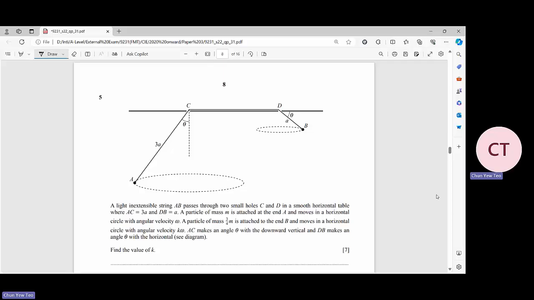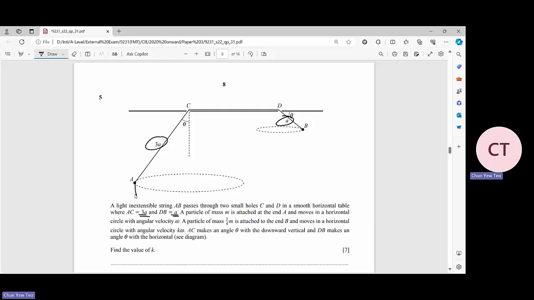Okay, now we take a look at question number 5. A light inextensible string AB passes through two small holes C and D in a smooth horizontal table, where AC equals 3a and DB equals a, as given here. The particle of mass m is attached to the end.